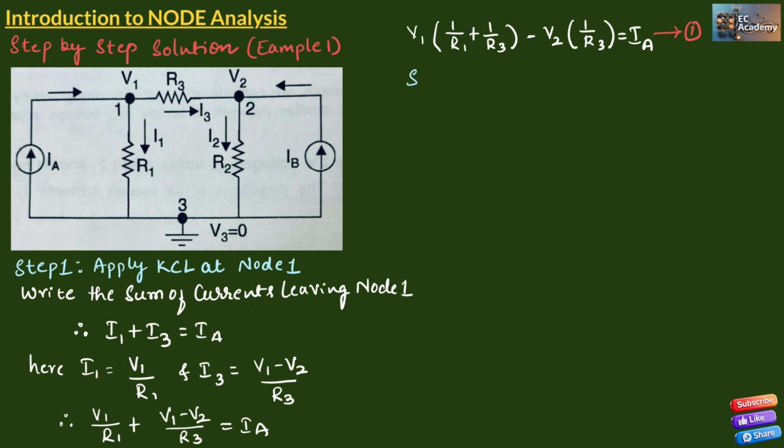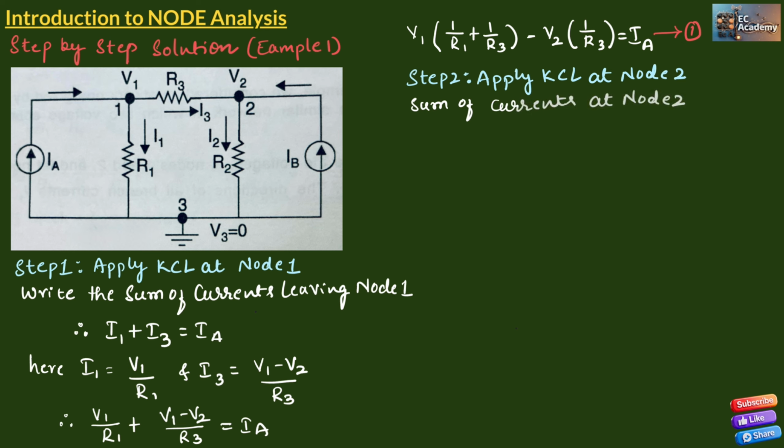In step 2, let us apply KCL at node 2. Let us write the sum of currents at node 2. So at node 2 we can write I2 plus IB is equal to I3.